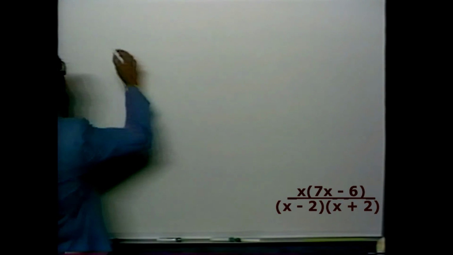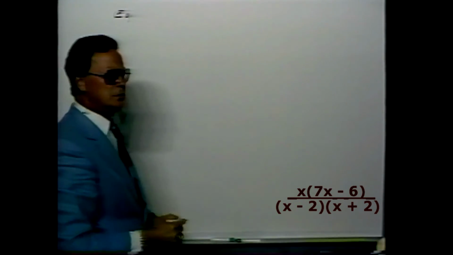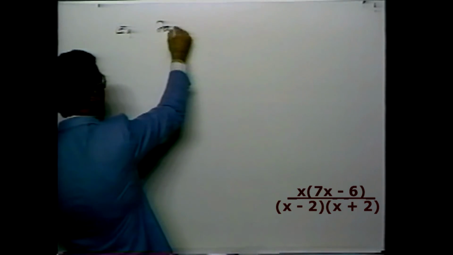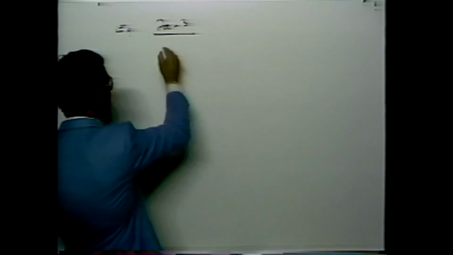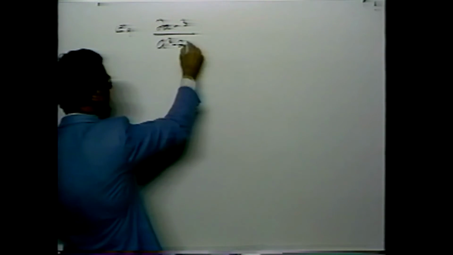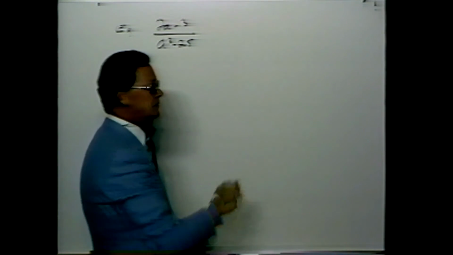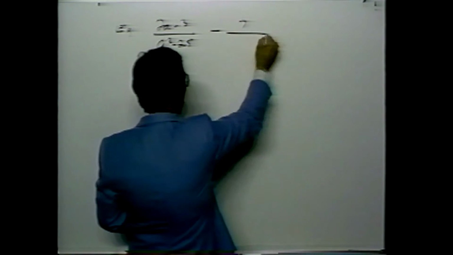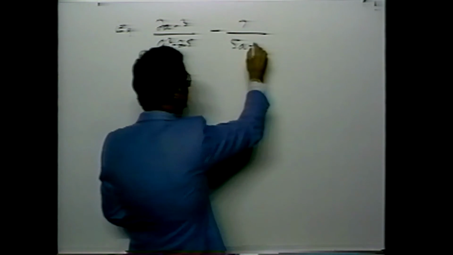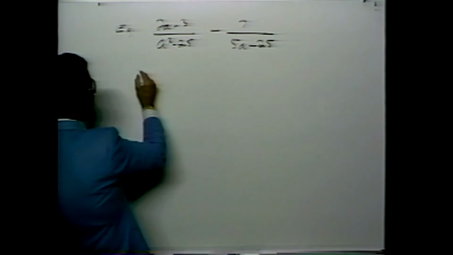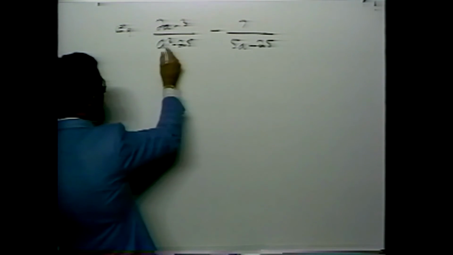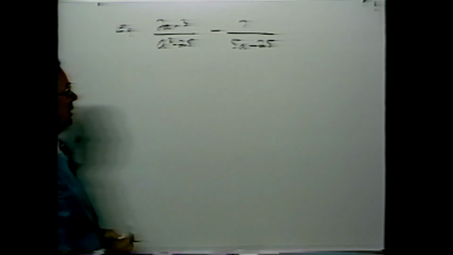Another example, 2a minus 3 over a squared minus 25, and we have minus 7 over 5a minus 25. The first step is to factor the denominator.